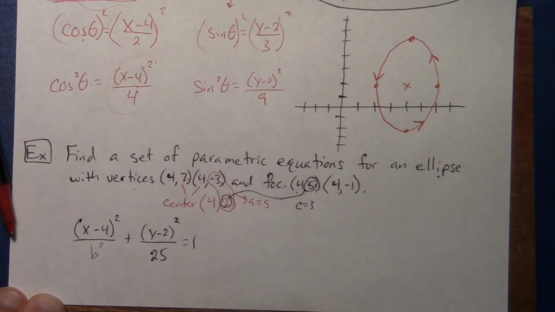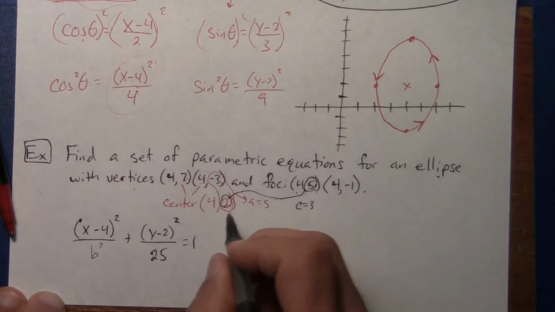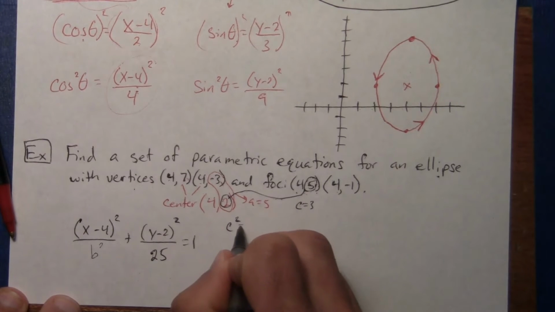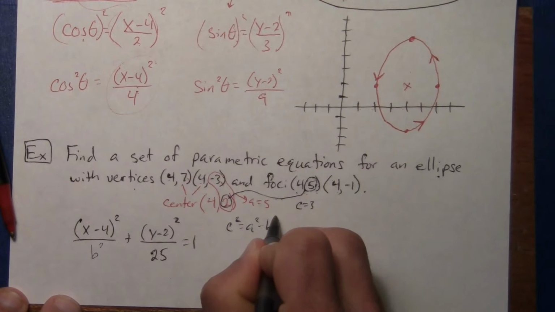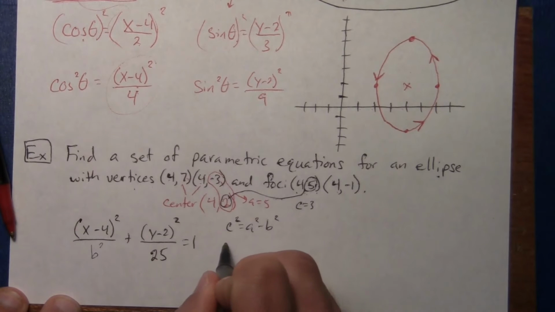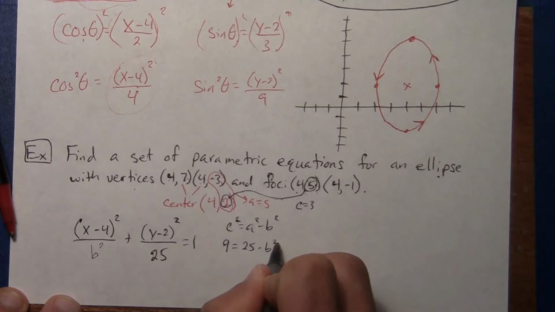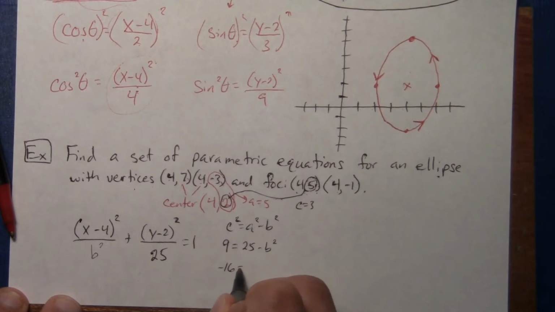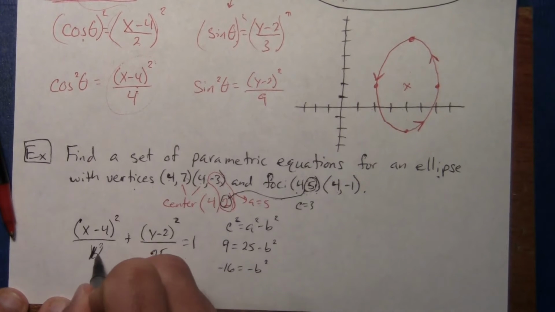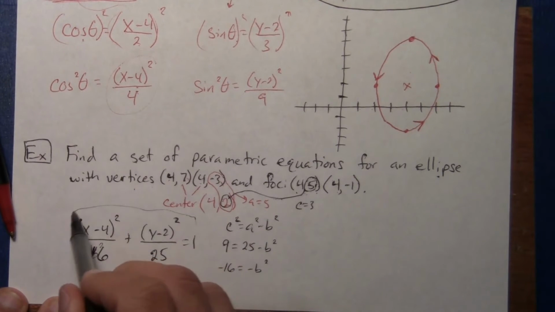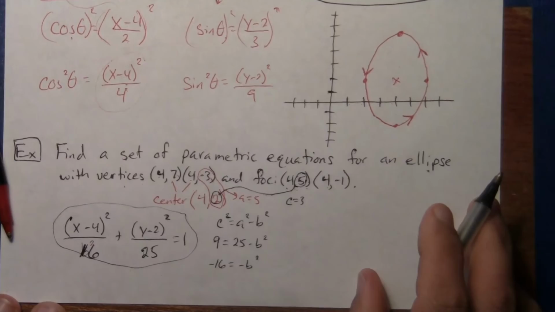So that means c is equal to 3. Now I'm going to use the equation c squared is equal to a squared minus b squared because it's an ellipse. c squared would be 9 is equal to a squared, which is 25, minus b squared. Subtract, I get negative 16 is equal to negative b squared, or b squared is equal to 16. And so here is my formula for the ellipse in standard form.